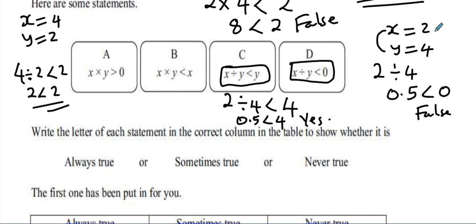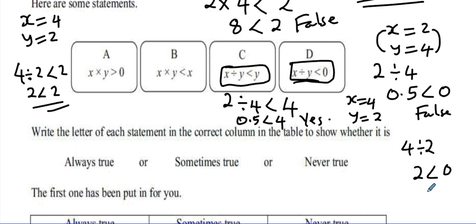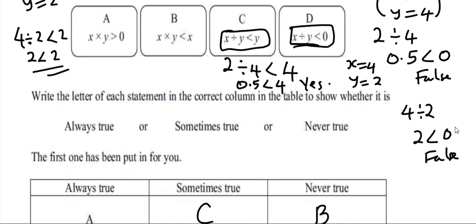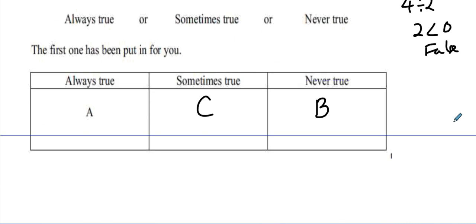Suppose you exchange these values and make x is 4 and y is 2, and do the same operation. This will be 4 divided by 2, which is 2. Now is 2 less than 0? The answer is still false. 2 is not less than 0. So here we say D is never true.